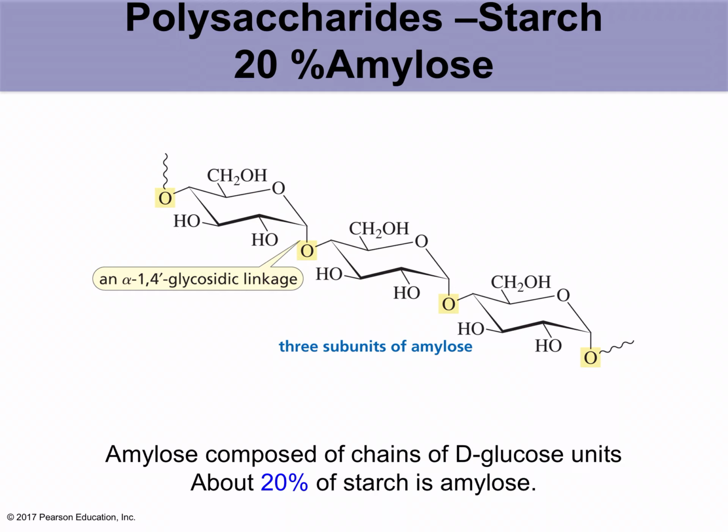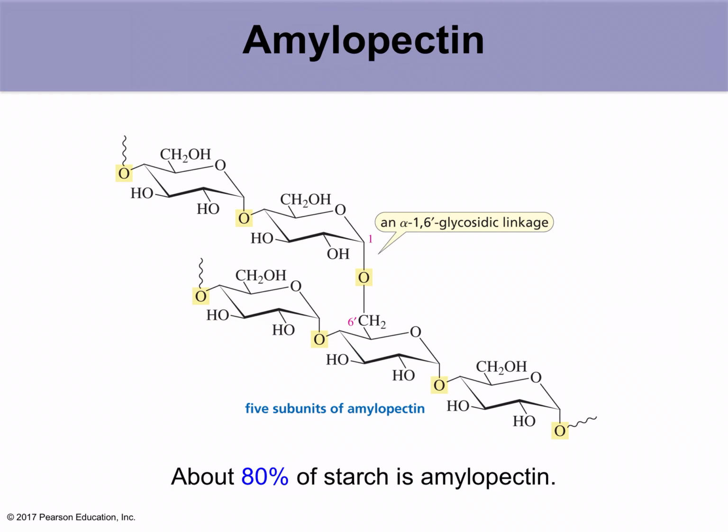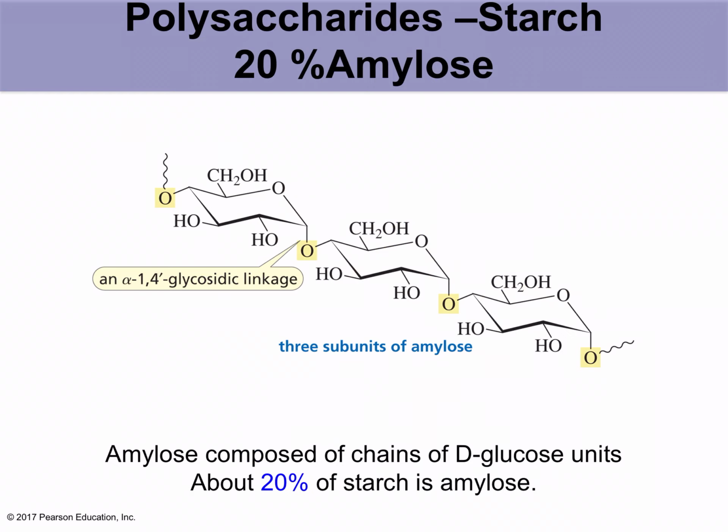A polysaccharide is a sugar that consists of more than 10 monosaccharide units. Starch is made up of 20% amylose and 80% amylopectin. This is amylose, shown here with 3 subunits. These are also glucose units with 1,4 glycosidic linkages, composed of chains of D-glucose units.